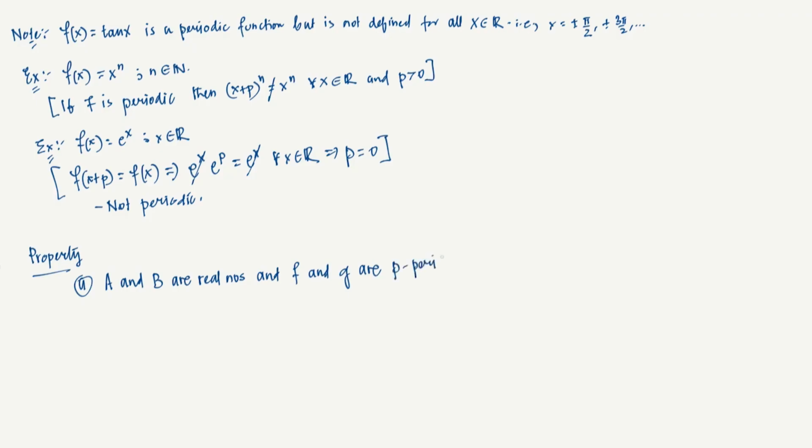P-periodic means these are periodic functions with the fundamental period being p. The fundamental period of both the functions is p. This is just a short way of saying this.